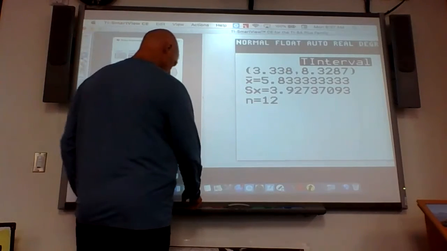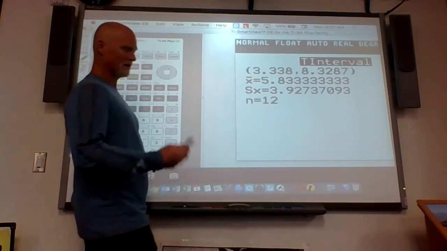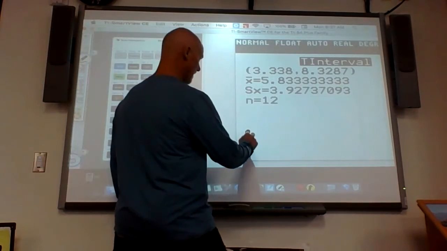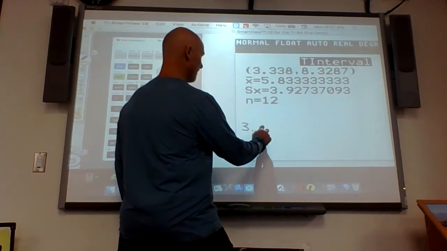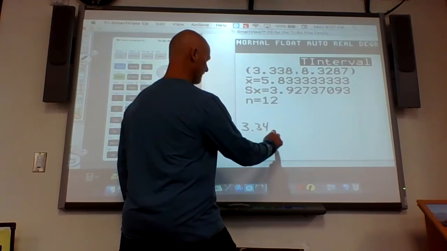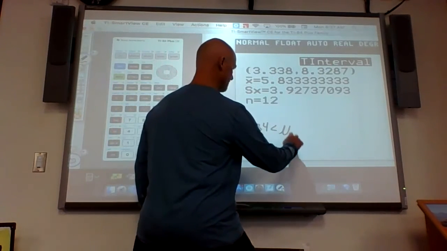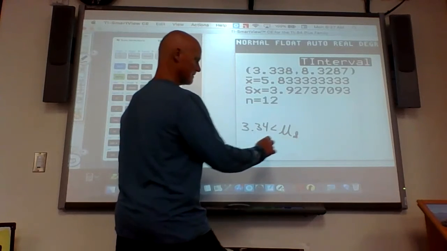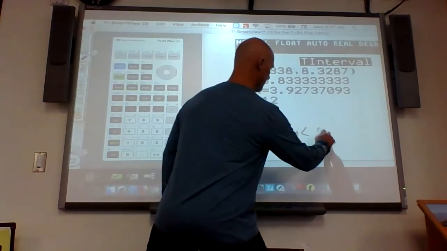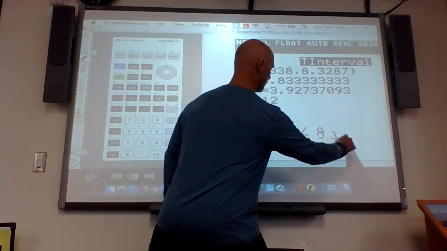Now, I want to point one thing out. If I was going to write the interval down, this is the way I would write it: 3.34 less than mu difference is less than 8.33.